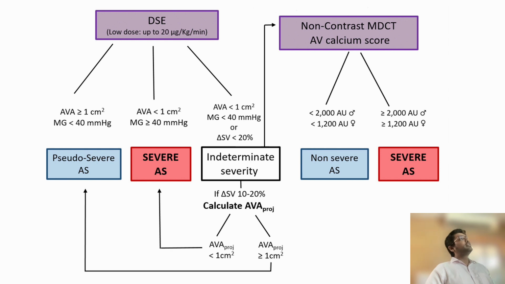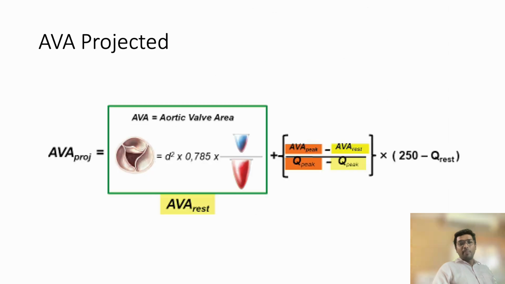And in indeterminate severity, we will do a non-contrast MDCT aortic valve calcium score. If it is less than 2000 in males and less than 1200 in females, it is non-severe AS. If it is more than or equal to 2000 in males and more than or equal to 1200 in females, it is severe AS. Now this is the projected aortic valve area.